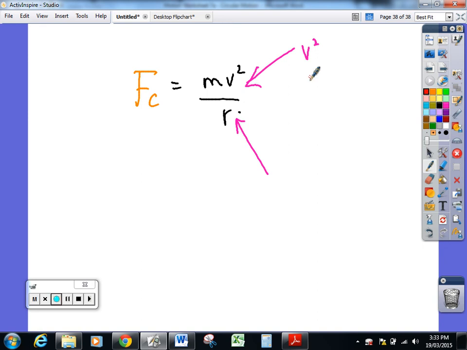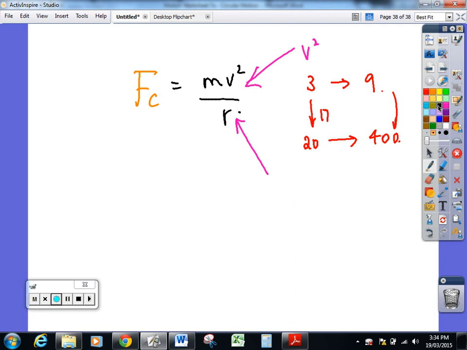If you're travelling at 3 metres per second, then that value becomes 9. But if you're travelling at 20, that number becomes 400. There's only a 17 metres per second increase here, but there's a really large difference over here. So the first big problem is that a small increase in velocity means you need quite a large increase in centripetal force.